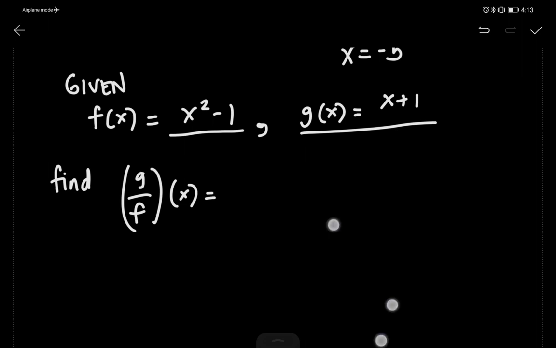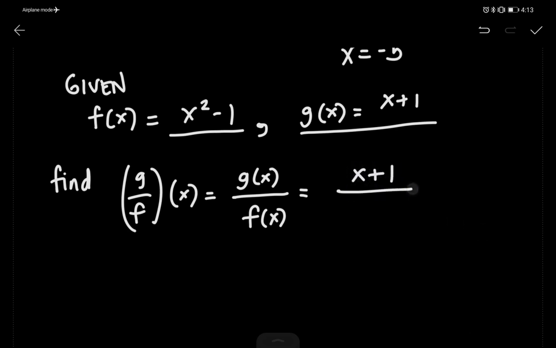So the same as usual, we are just going to divide our numerator and the denominator. So we have here our numerator, x plus 1, all over our denominator, x squared minus 1.